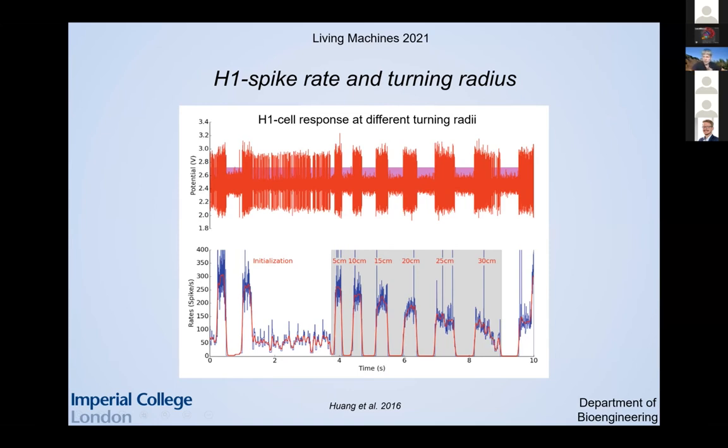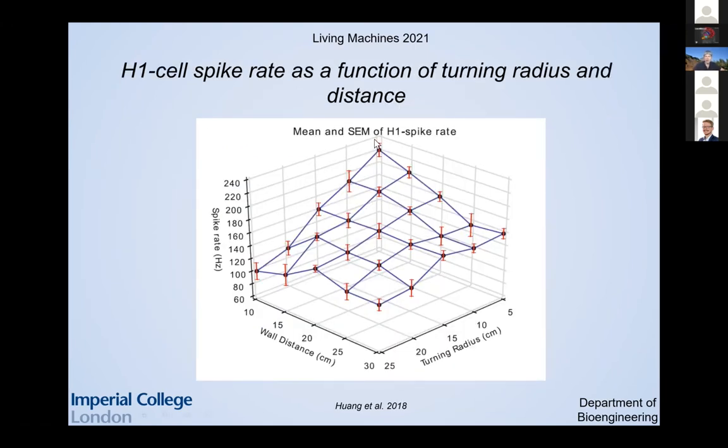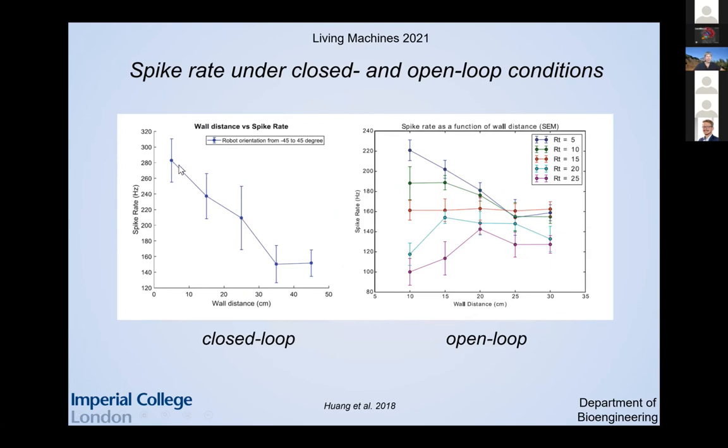This is not the only dependence of the neuron in terms of stimulus parameters, but the other dependence of the response, which is plotted on the y-axis here, is on wall distance. And that, of course, is fantastic news, because that means in certain regimes for certain turning radii, you find in these dependencies a linear section, here again under closed loop conditions, I'll get back to that later, and under open loop conditions, where in fact you have a monotonous relationship between spike rate and distance.